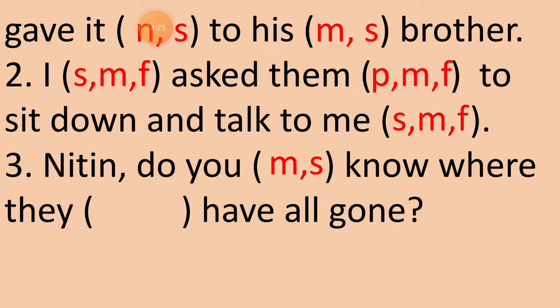Then you, Nitin, is one in number, so singular pronoun. So M and S. Nitin, do you know where they? So they is plural. We don't know whether girls or boys. So we have written here P, M, F: plural, male or female.